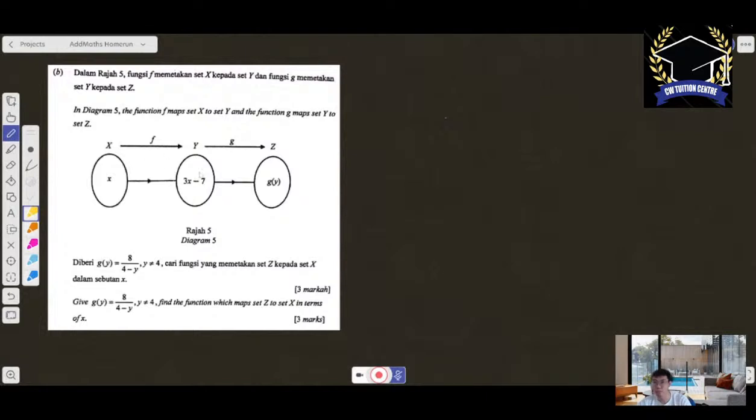Then g maps y to z. They say g(y), they already got the g(y) for you. Very good. g(y) is 8 over 4 minus y. They say find the function that maps z to x. They want z to x. How am I going to find this? Suddenly z goes back to x.